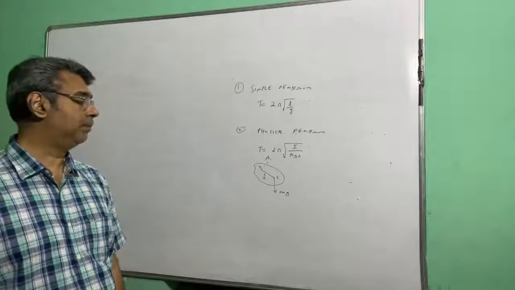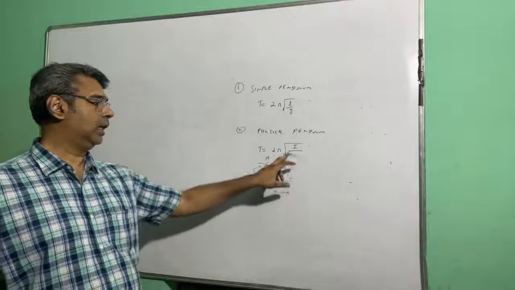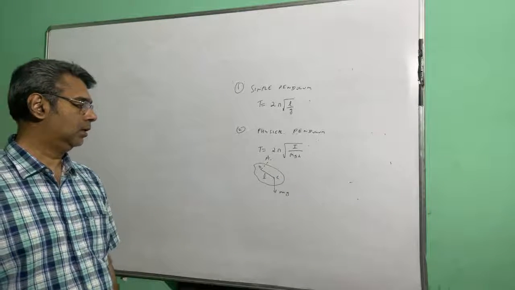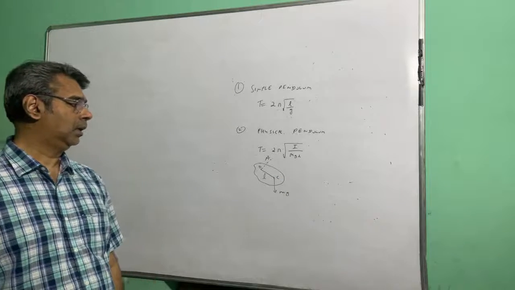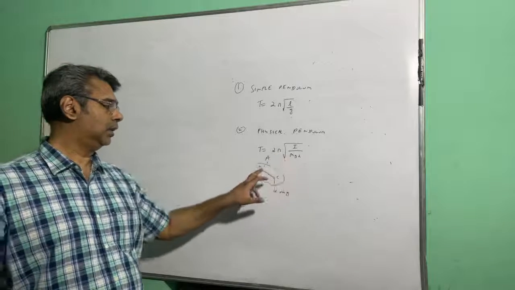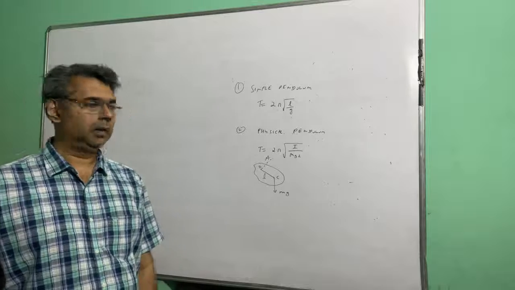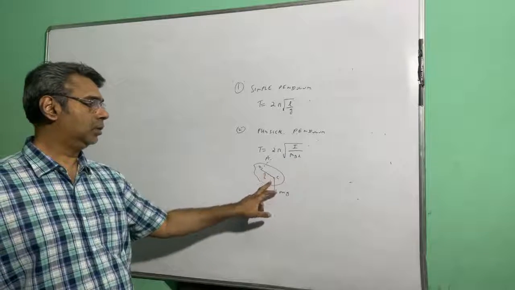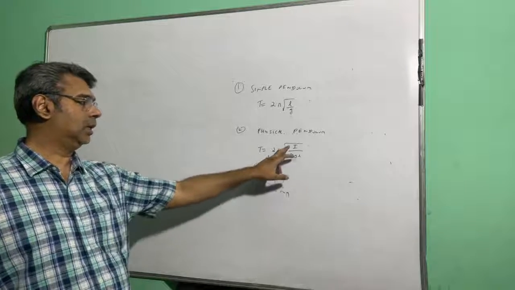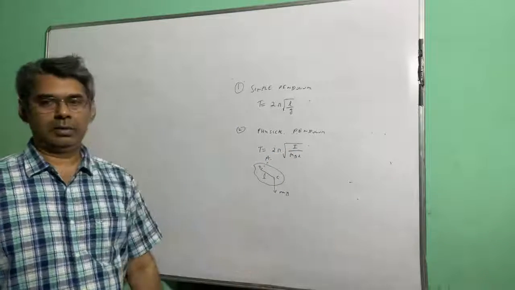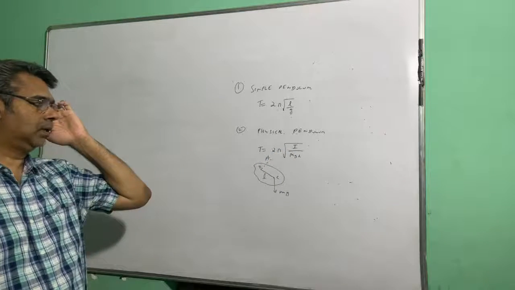Mg is the weight of the body, and I is the moment of inertia of the whole body about the axis OA. So this is a physical pendulum.